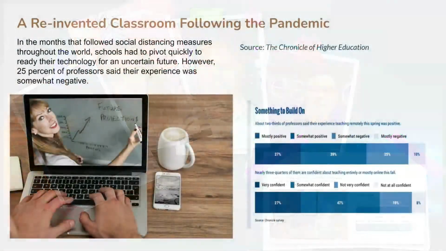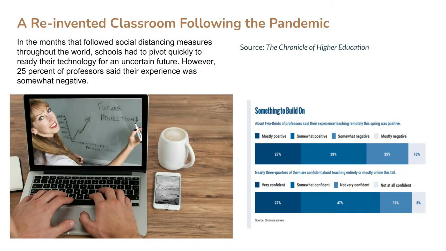All right. So we've got a great presentation on instructional technology for hybrid classrooms here. We're reinventing the classroom here in the United States following the pandemic, and 25% of professors are saying that they had a somewhat negative experience being rushed into distance learning, and now there is a big push to help teachers have a more positive experience.